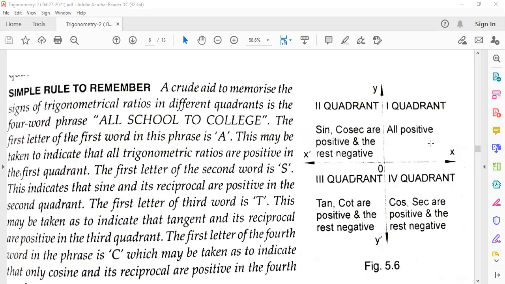At a glance, we can say all, sine, tan, cos going anti-clockwise: all means all positive here. Sine means sine and cosec positive, the reverse of sine also positive. Tan means tan and cot, and then cos. So first quadrant is all, second is sine, third is tan, fourth is cos. So we have to remember this.